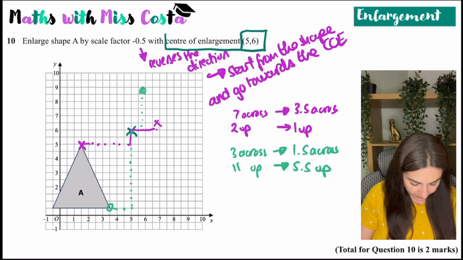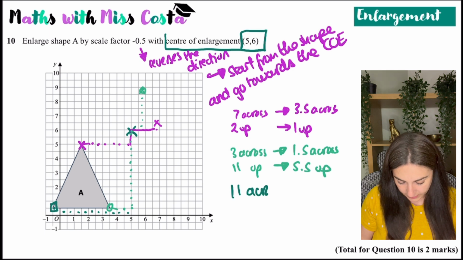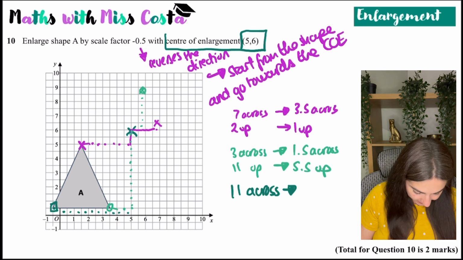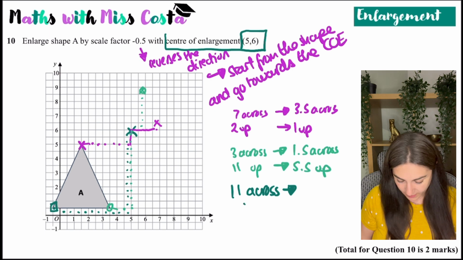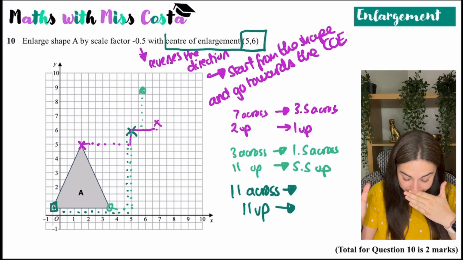And then let's do it with the final vertice. Let's just do that as a square. So you go 11 across in order to get to your center of enlargement. And then you go 11 up, which is obvious because the other corner is also there.